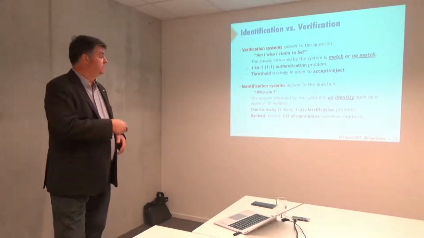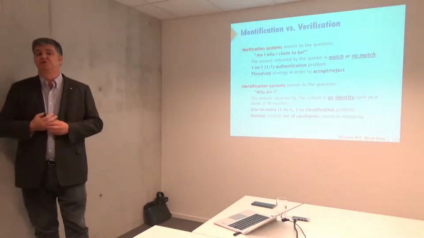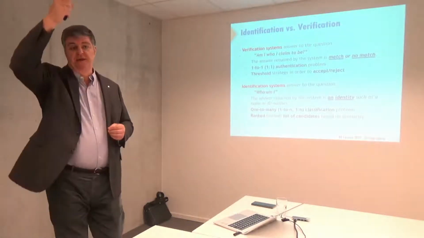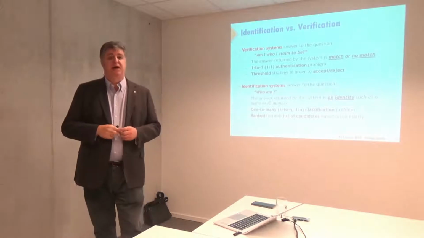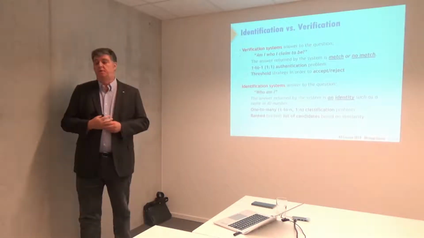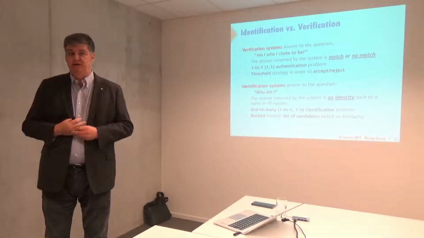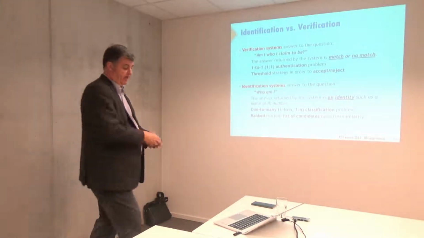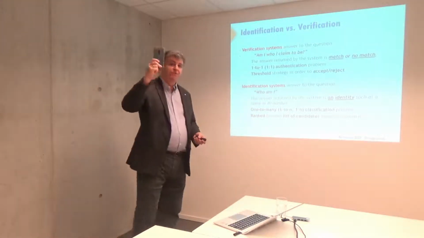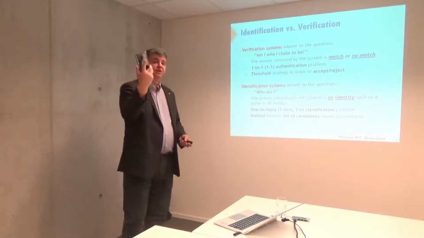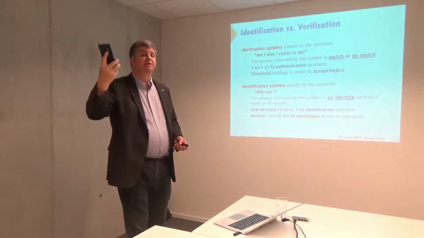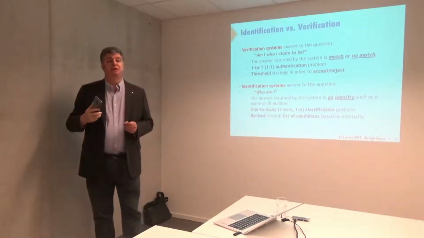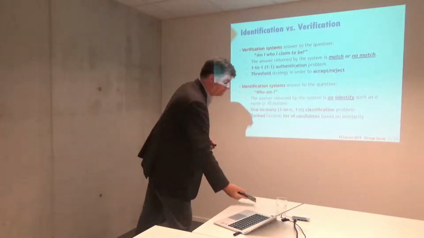That is an identification system. You put your fingerprint, and the system makes a full search in the data set. If I use my phone with my fingerprint here, I am verifying the one-to-one identity. So that's it.